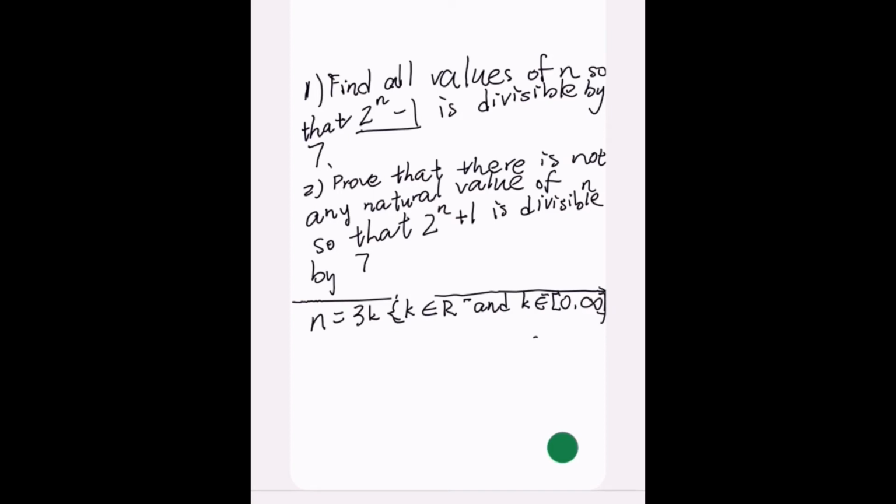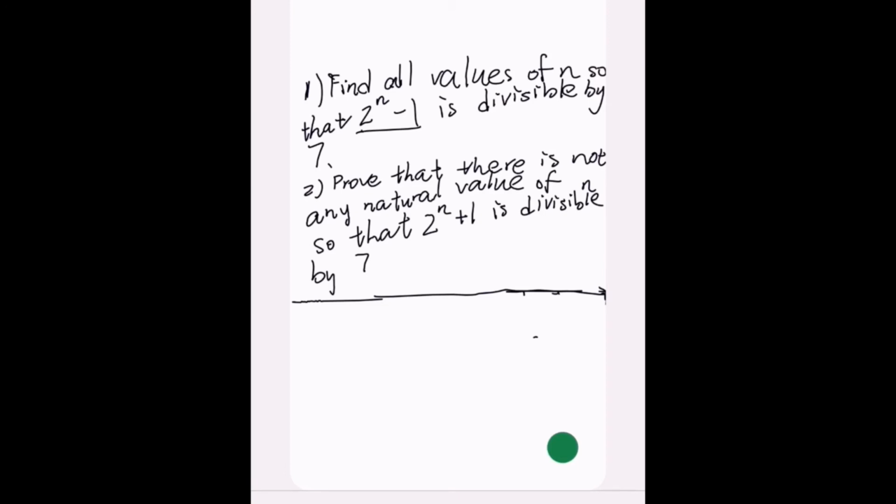Let's answer the second problem. Prove that there is not any natural value of n so that 2 to the power of n plus 1 is divisible by 7.